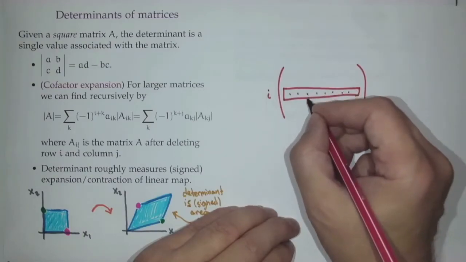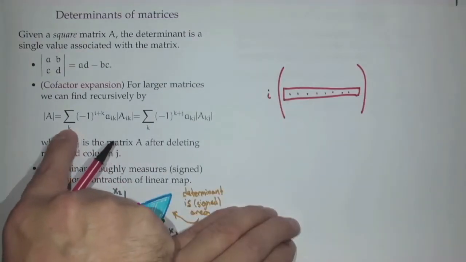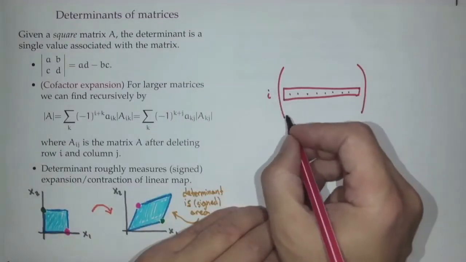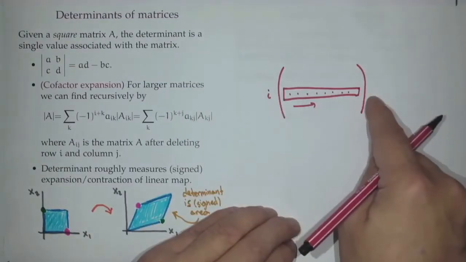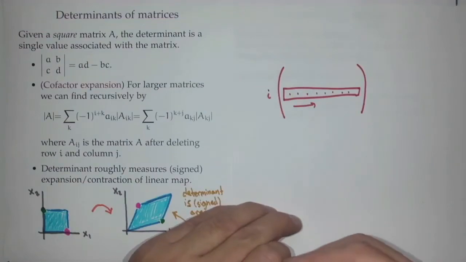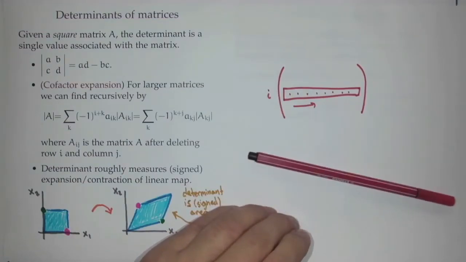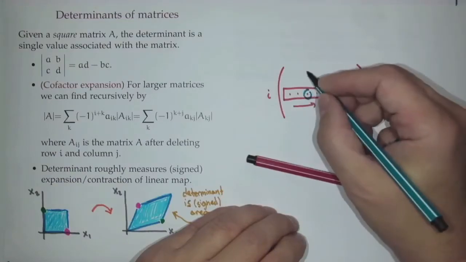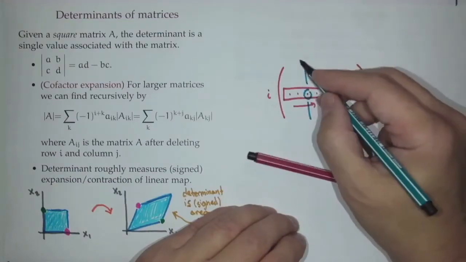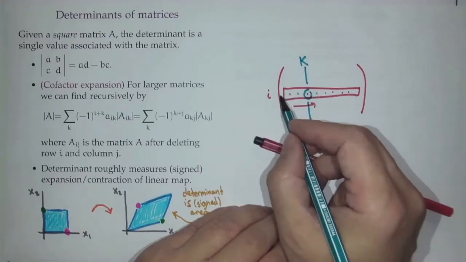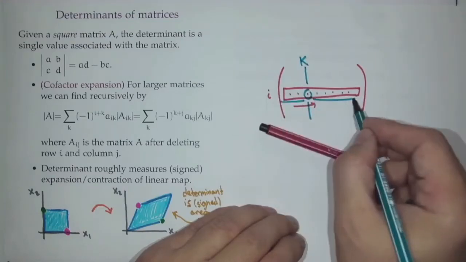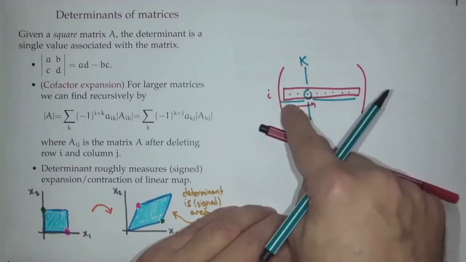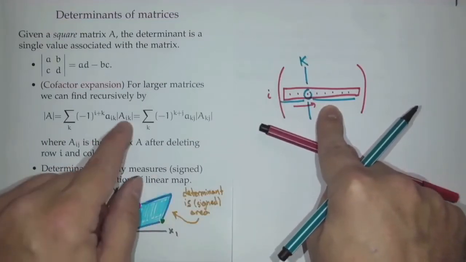And so you'll see there's a sum over k. So k is moving along this row. And what you do is you take that entry and you cross out the kth column, you cross out the ith row, and you have a slightly smaller matrix. And you take the determinant of that.